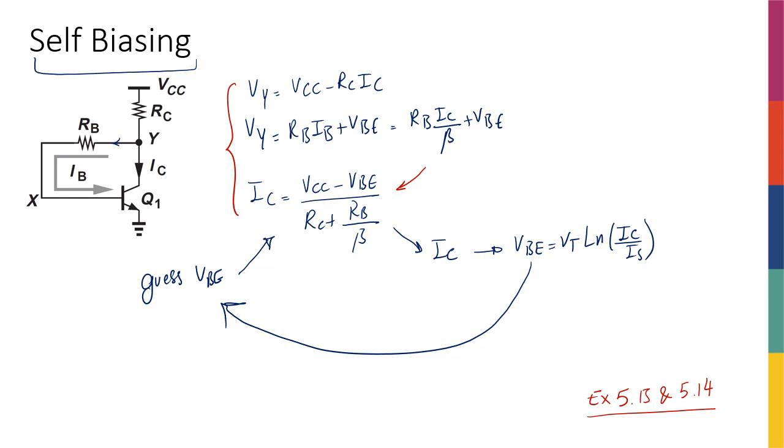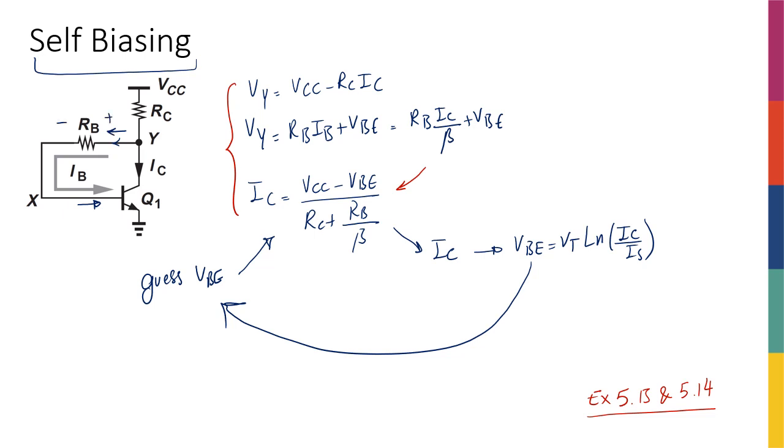Okay, one very important and very interesting feature of this circuit is that you can always guarantee that this circuit is not in saturation. The reason is that the base current is always in this direction, and this means that I always have a current in this direction, meaning that here is positive, here is negative.